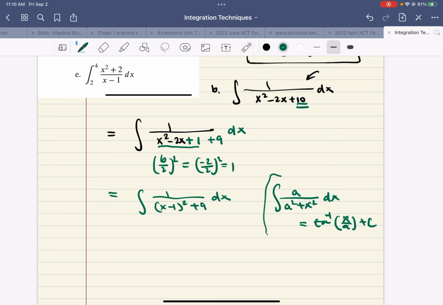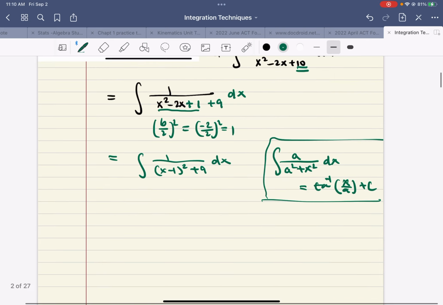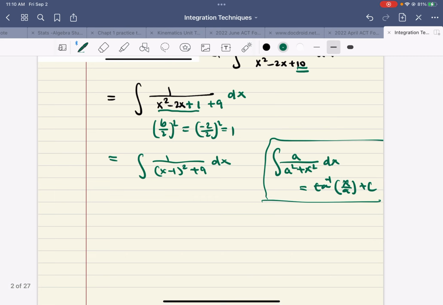So this is a formula you need to know. So I can change it to use that form, like this way: 3 squared plus x minus 1 squared.